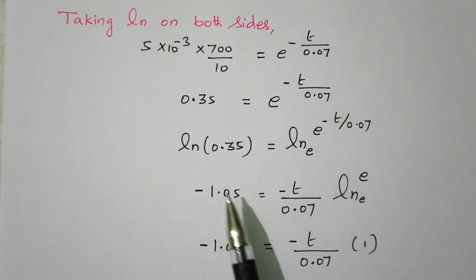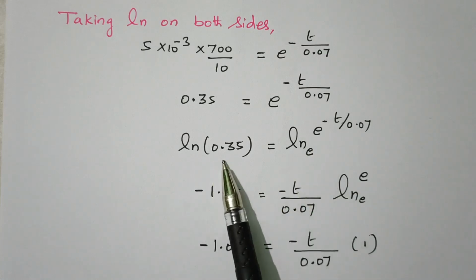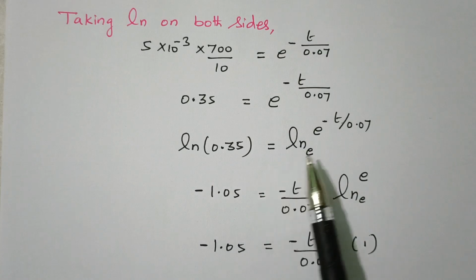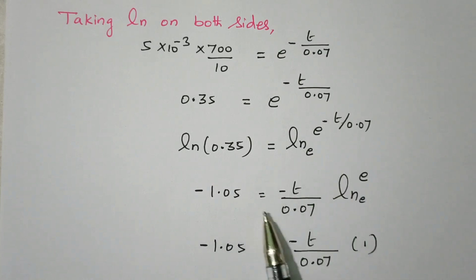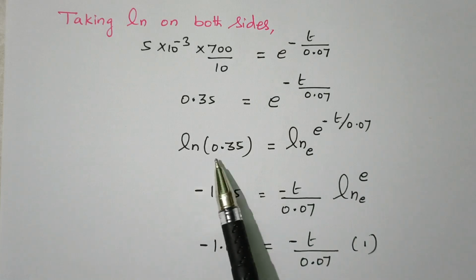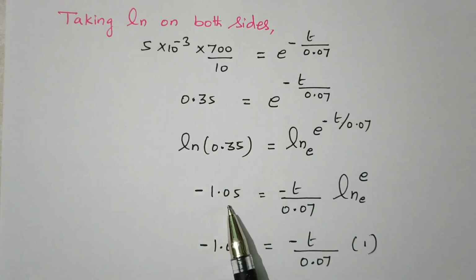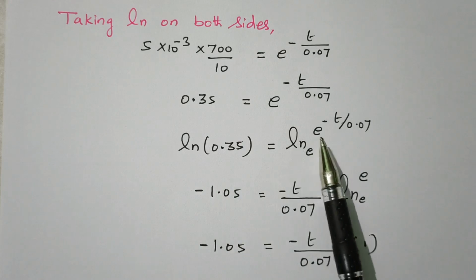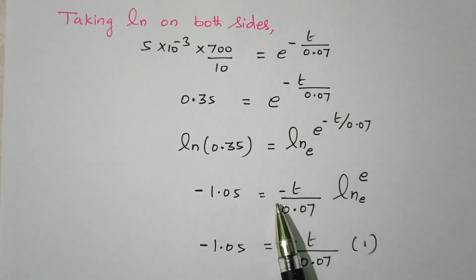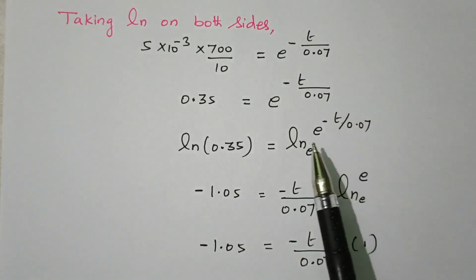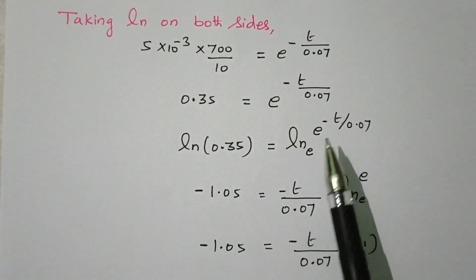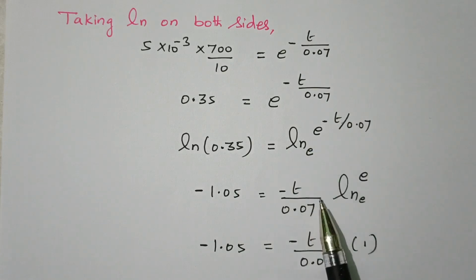Log with base e. So log 0.357 equals log of e power minus t by 0.07 with base e. Log 0.357 is minus 1.05. So the e power will come in the front side: minus t by 0.07 log e with base e. For example, log e power minus x means it will come as minus x into log e.